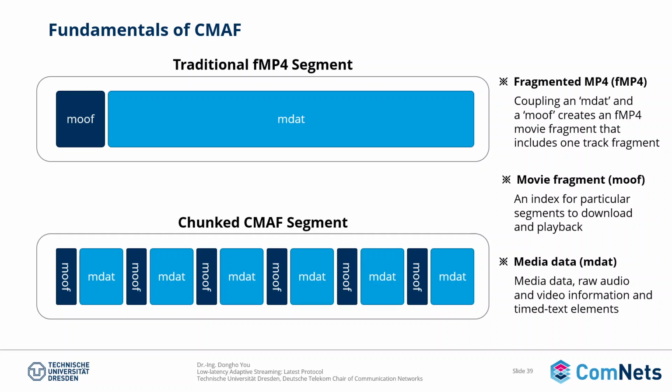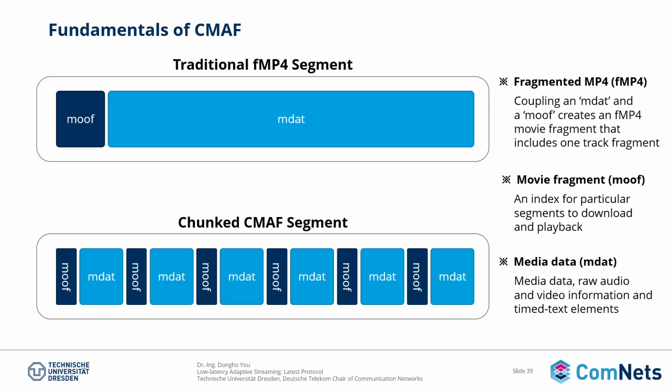This is like metadata. So we can simply think that MOOF is the MPD of DASH. And MDAT is media data such as raw video and audio information and time-based elements like subtitles.